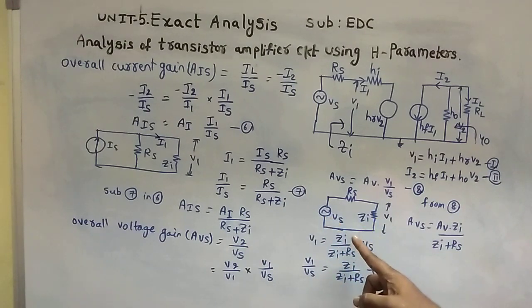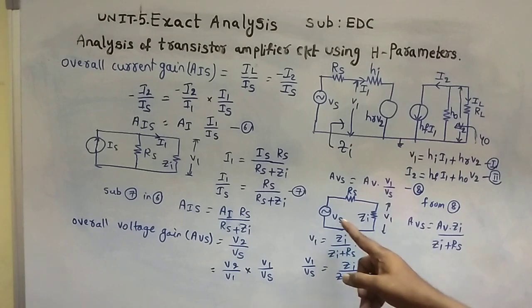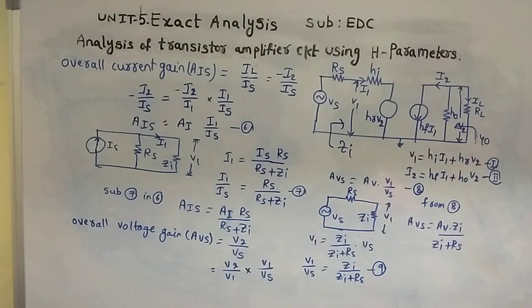From this V1 by Vs is equal to Zi by Zi plus Rs. This one you can substitute in the eighth equation. Then AVS is equal to AV into Zi by Zi plus Rs. This is the overall voltage gain in the transistor amplifier.